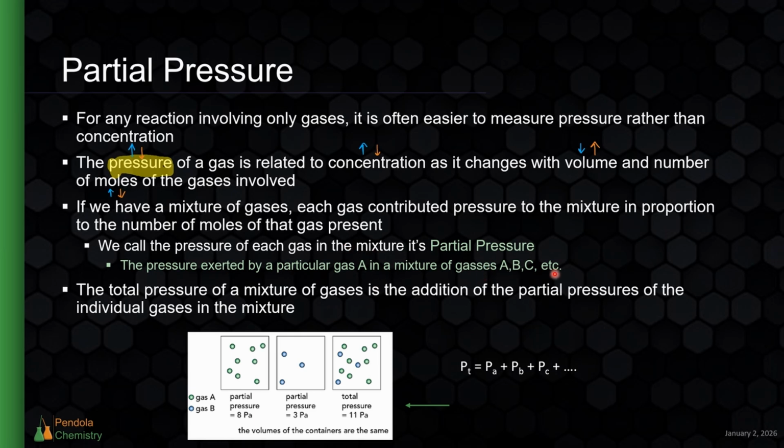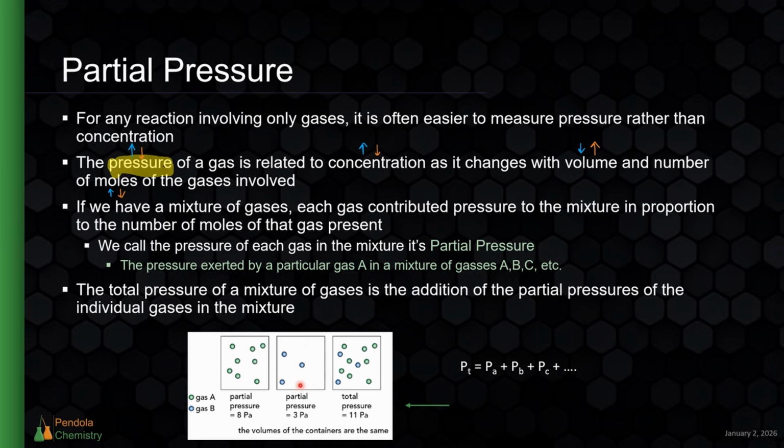So each individual gas is going to contribute pressure to the mixture. Remember, pressure is just the particles of that gas bouncing on the sides of the container. So if we have a container with nothing but gas A, then the pressure in this container is the pressure that gas A is contributing.